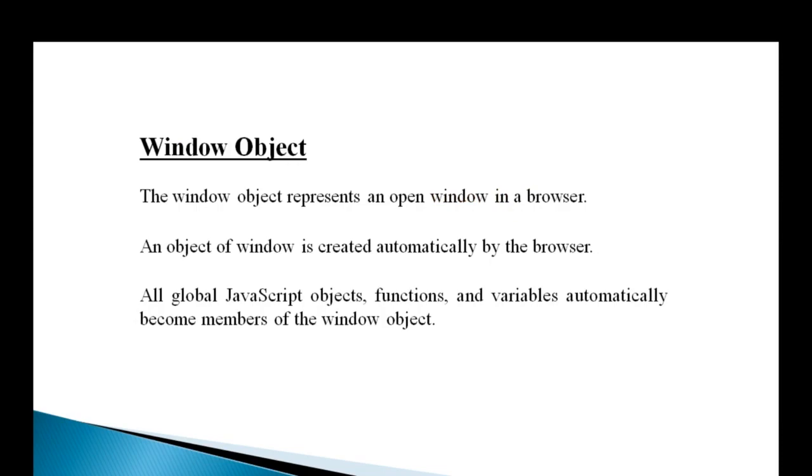Next coming to window object. Window object represents an open window in a browser. An object of the window is created automatically by the browser. All global JavaScript objects, functions, and variables automatically become members of the window object.